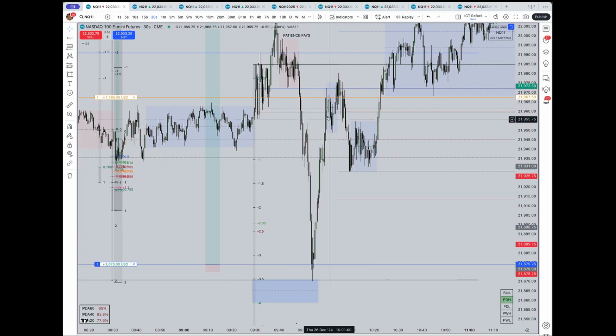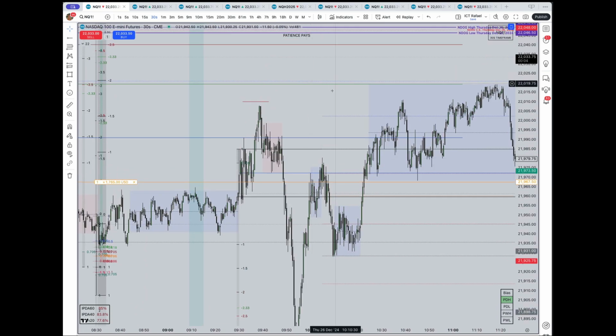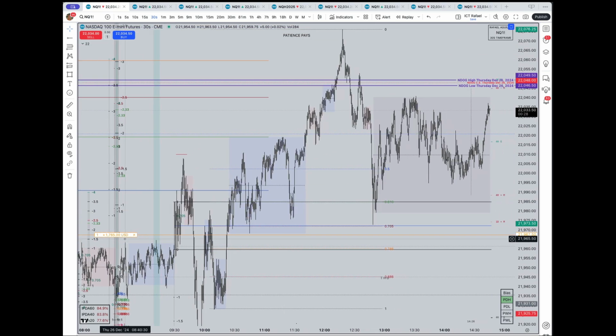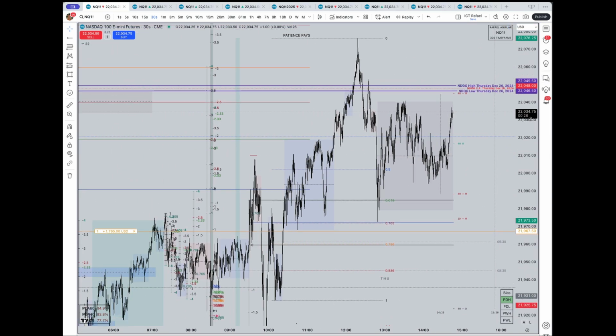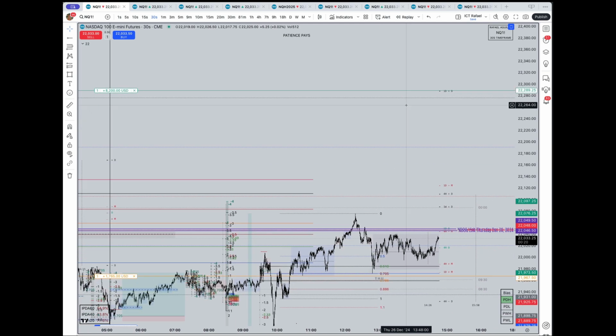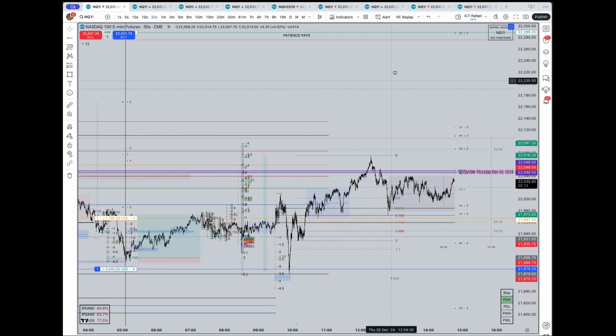I took 1 above the opening, and I took 1 at -2, 1 at -3. So I have 1 running up. Probably we don't reach my final TP that's here. Probably not today, maybe tomorrow, since we had a holiday yesterday. But on a normal day, yeah, we probably would get here.